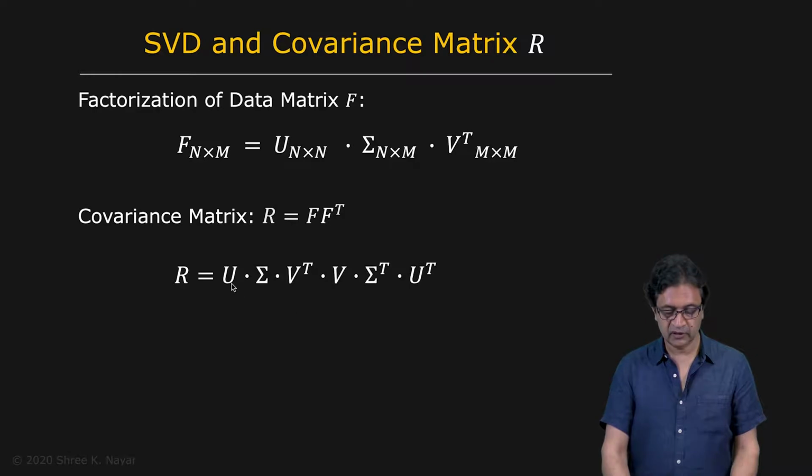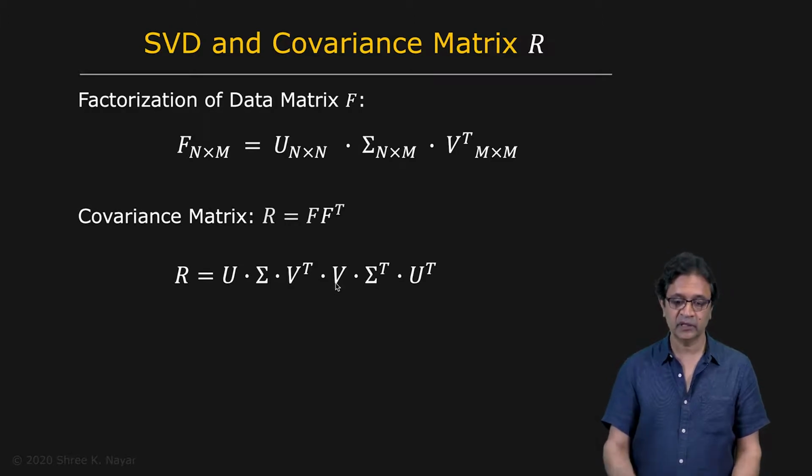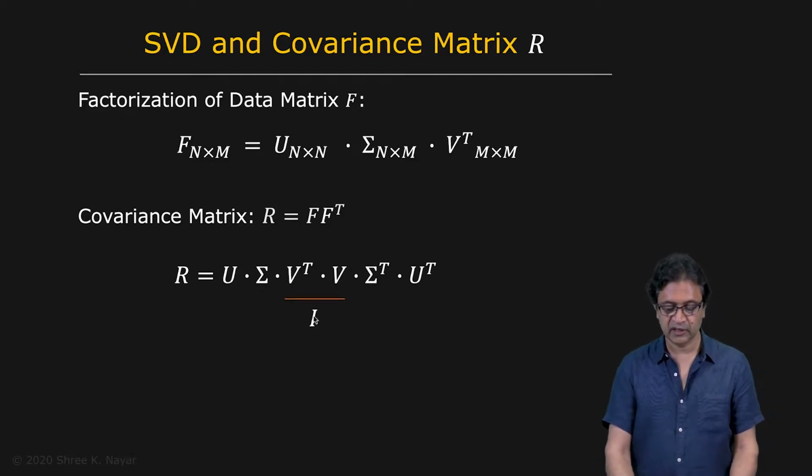So we say U sigma V transpose, that's F, and then V sigma transpose U transpose is F transpose. Now take a look at this right here, V transpose V. We know that V is an orthonormal matrix, so the transpose of an orthonormal matrix is the inverse of the matrix, and therefore V transpose V is the identity matrix. That just goes away.